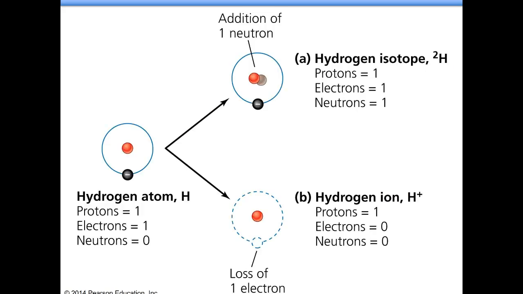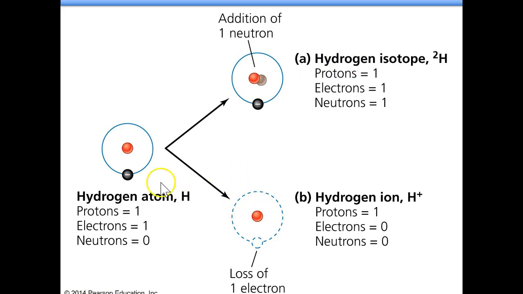So we know that we have these conditions that can happen within those elements. So here we go. This is the example of isotopes, and this is dealing with hydrogen. Hydrogen doesn't have a neutron. Hydrogen only has one proton and one electron. So if somehow in nature a neutron gets put in the nucleus with the hydrogen, it becomes an isotope.